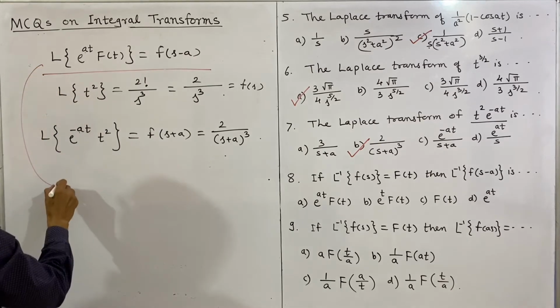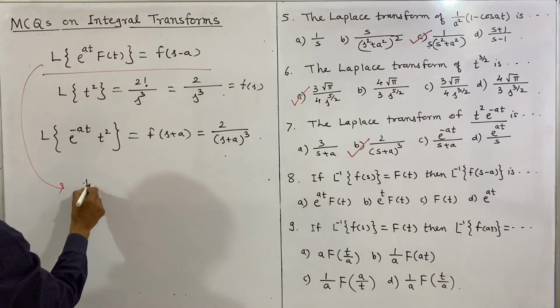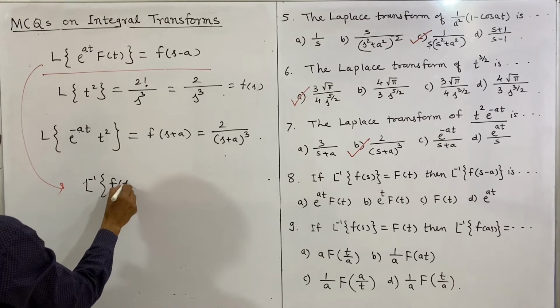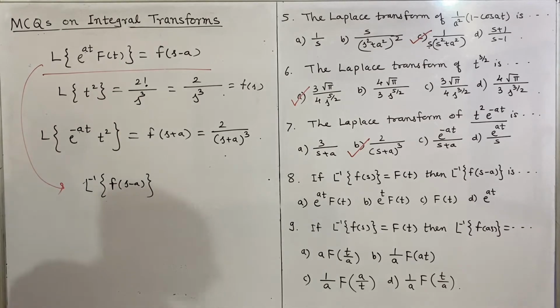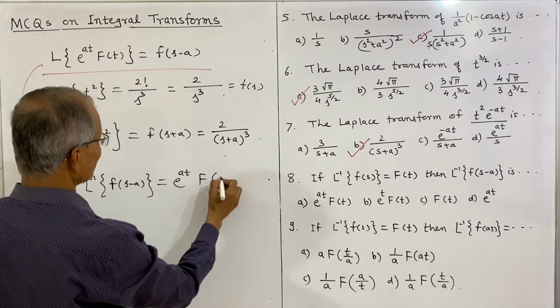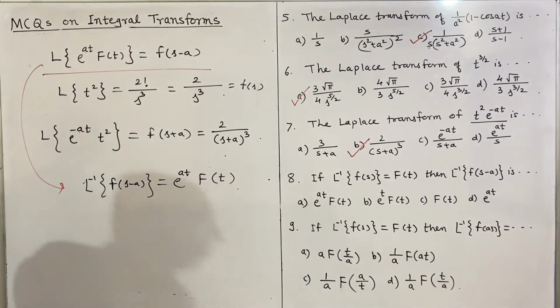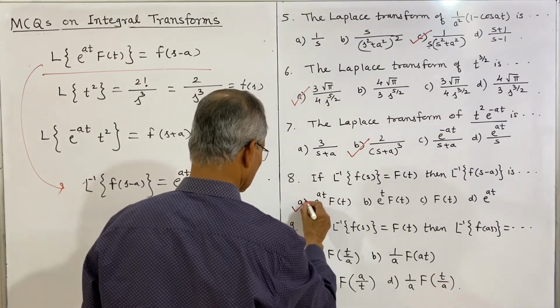From this we can write L inverse of f of s minus a. This L is taken on this side, it becomes the inverse operator. L inverse of f of s minus a is equal to e power at F of t, and therefore the correct alternative is e power at F of t, that is the first.